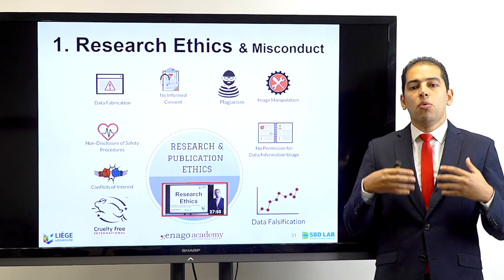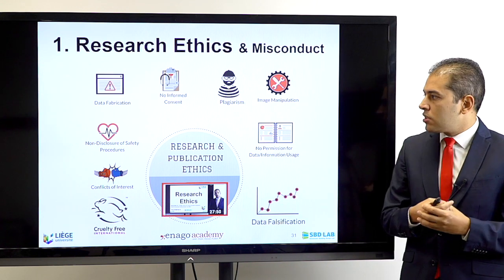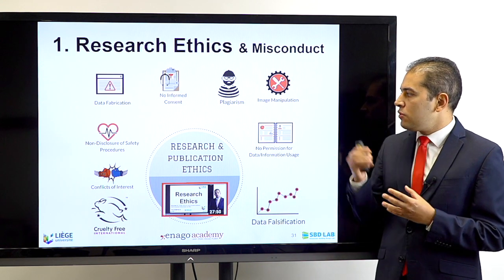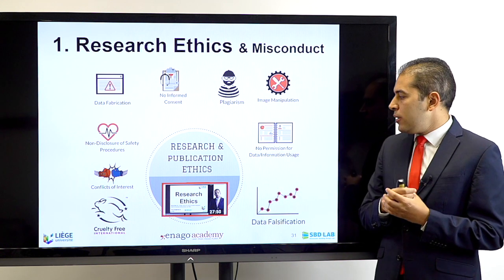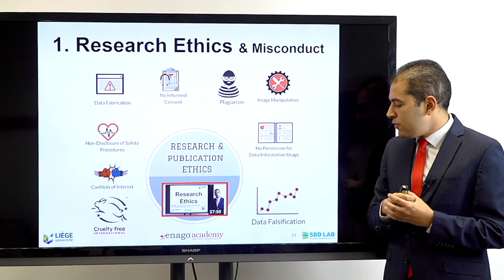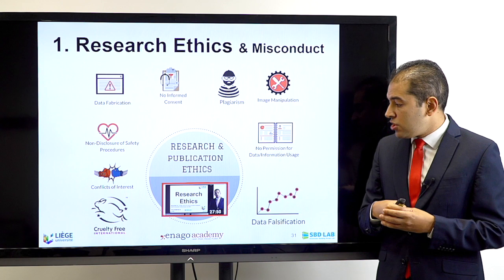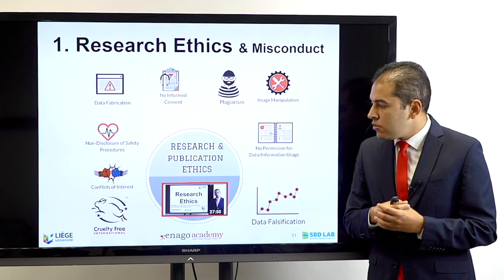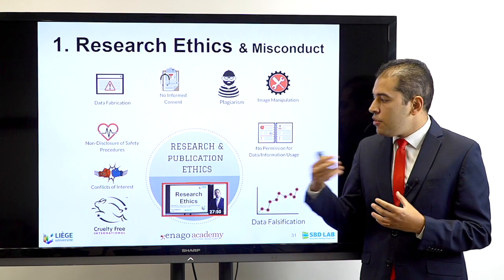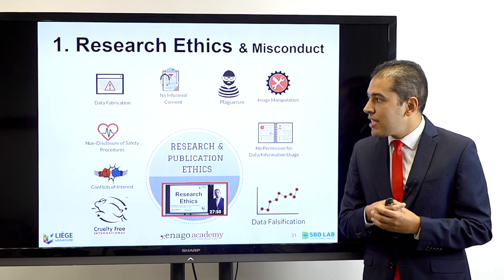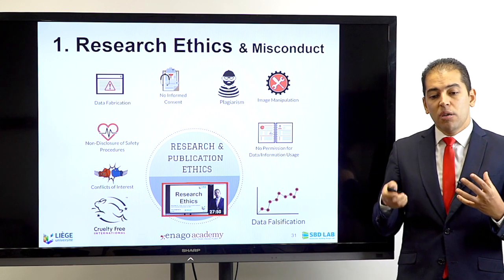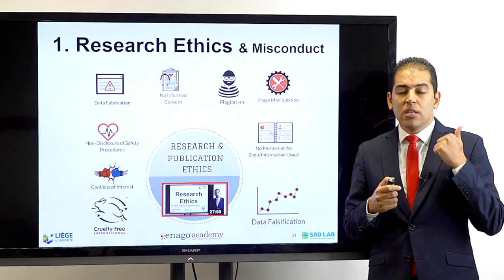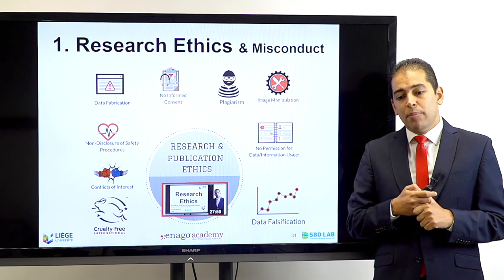You need to know what are the common research misconducts, such as what is data fabrication, what is non-informed consent, what is plagiarism, what is image manipulation, no permission for data information usage, data falsification, cruel ways of using animals, avoiding using animals, conflict of interest, non-disclosure and safety procedures, and so on. It's very important. There's a presentation you can follow if you want to go into detail, but this is the number one thing we need to learn about lab experiments.